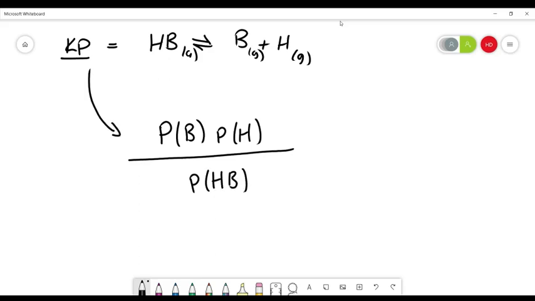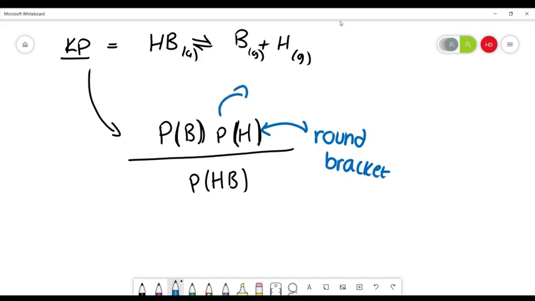That's Kp. Remember here you have to put the lowercase p outside to indicate that you're talking about partial pressures, and you need round brackets as opposed to the square brackets that you would have had with Kc.